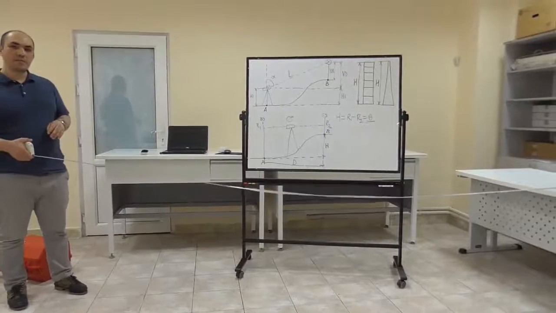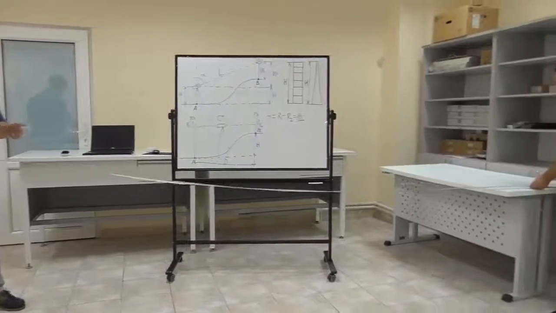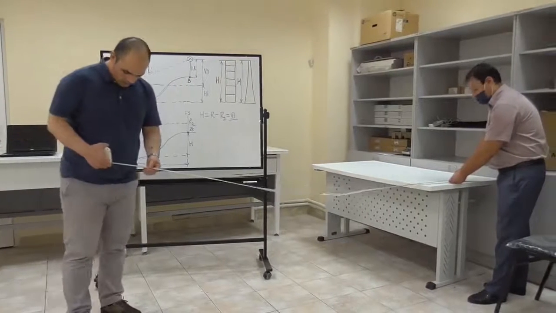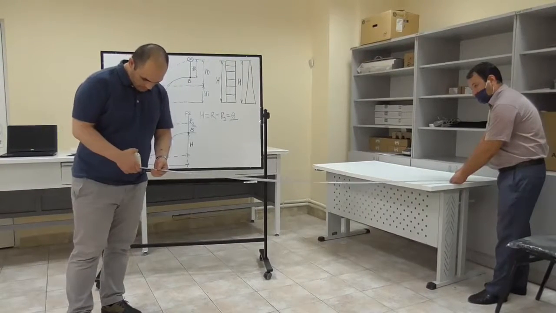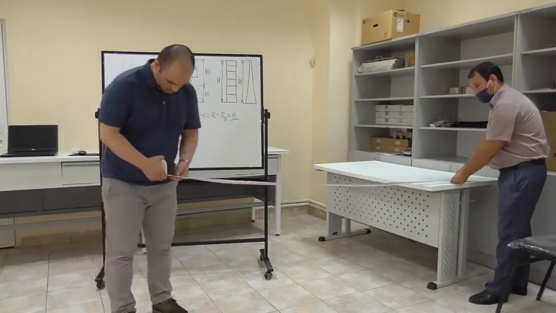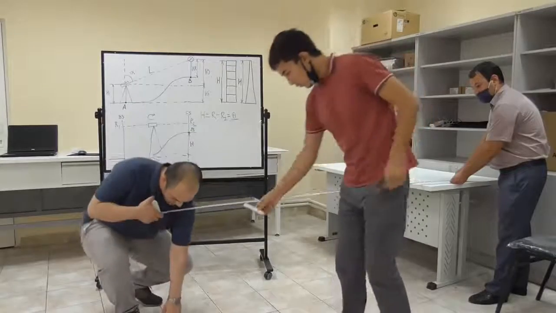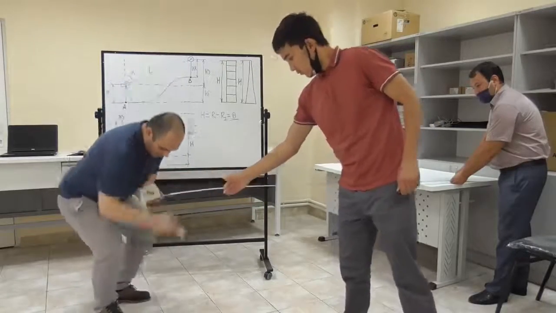So I have to identify the half, and half will be 2 meters. 2 meters is approximately here and here.